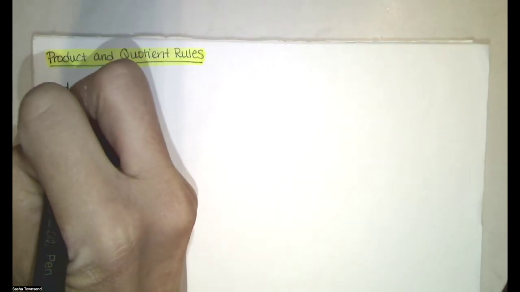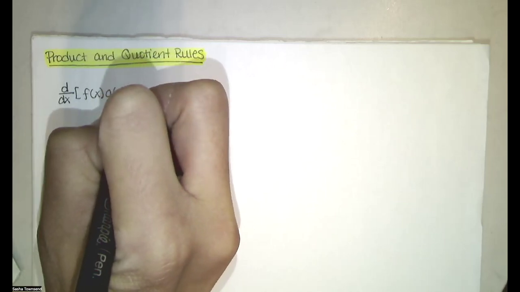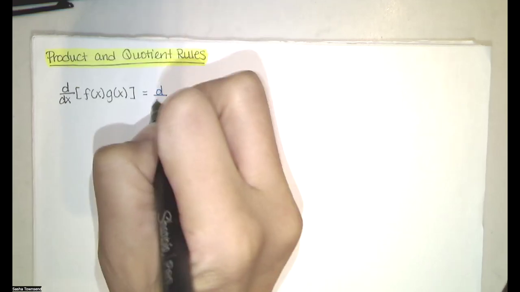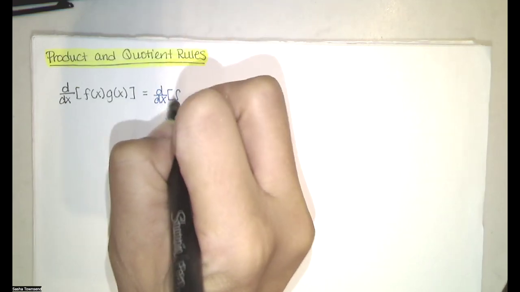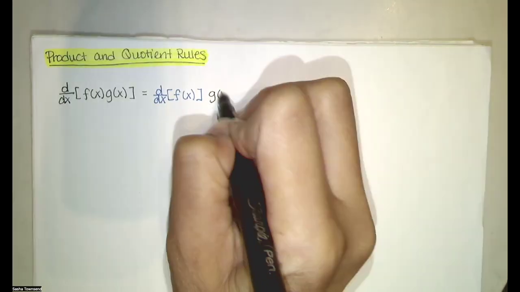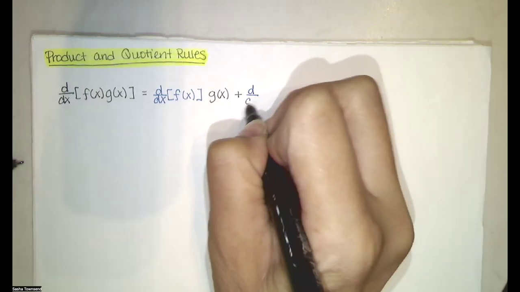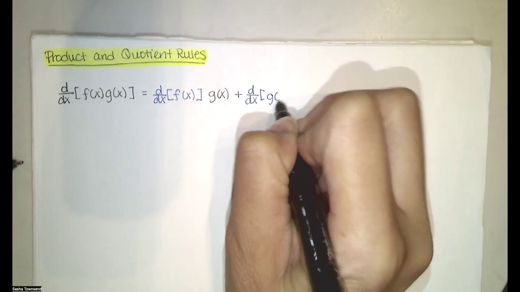Okay, so let's talk about the product rule. If f and g are differentiable functions, the derivative of the product of f of x and g of x is the derivative of the first function times the second function undifferentiated, plus the derivative of the second function times the first.